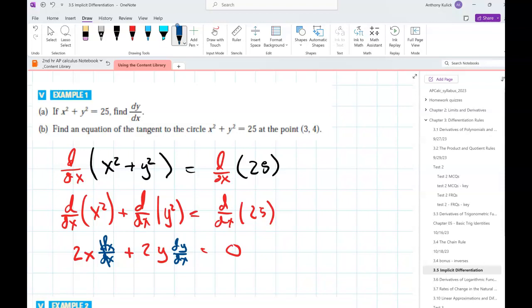Whenever the variable that I'm differentiating with respect to does not match the kind of variable that I'm differentiating, I get a d something of something, right?